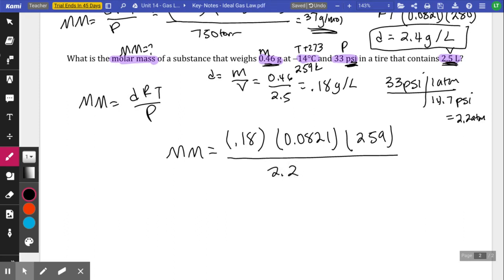Then we plug that into our calculator. Our answer should have 2 sig figs because our smallest number has 2 sig figs. So I got that our molar mass would be 1.7 grams per mole.